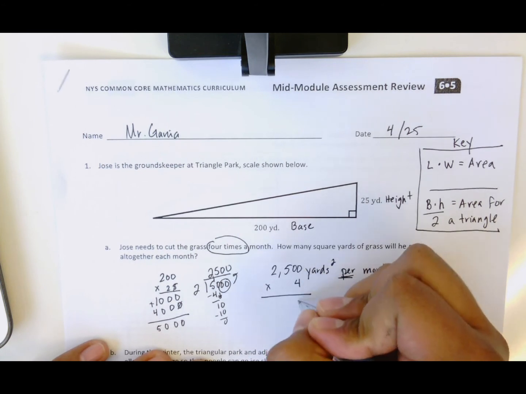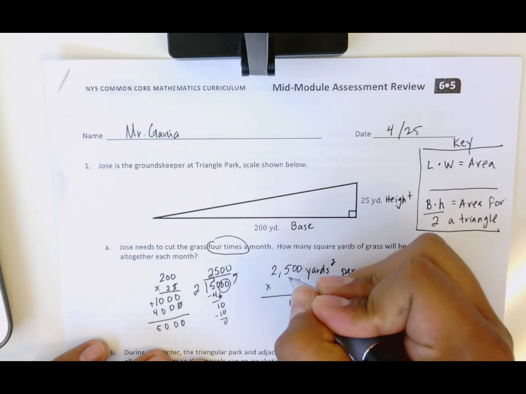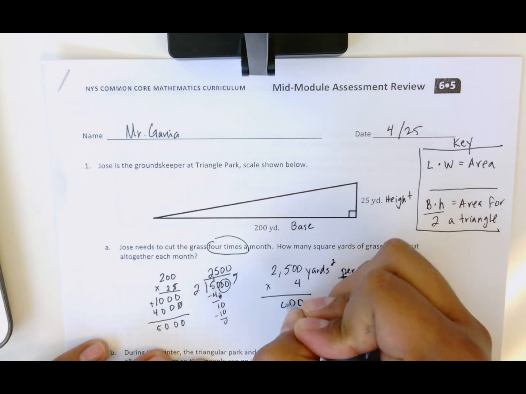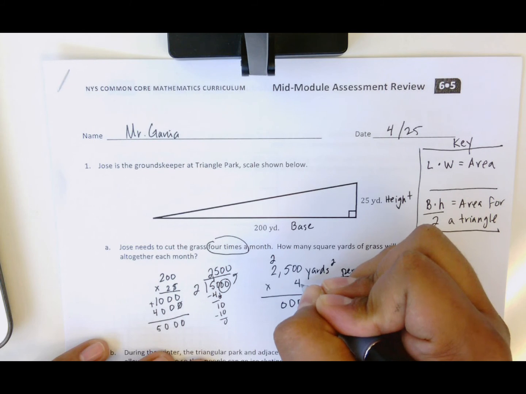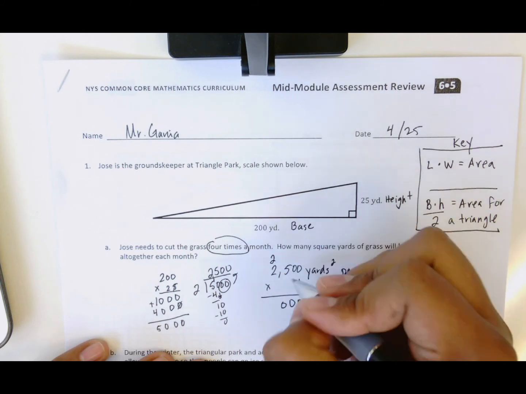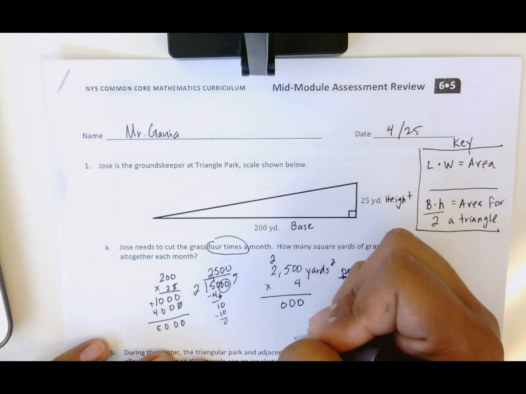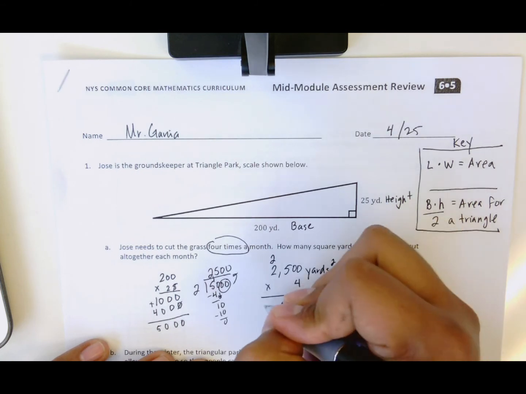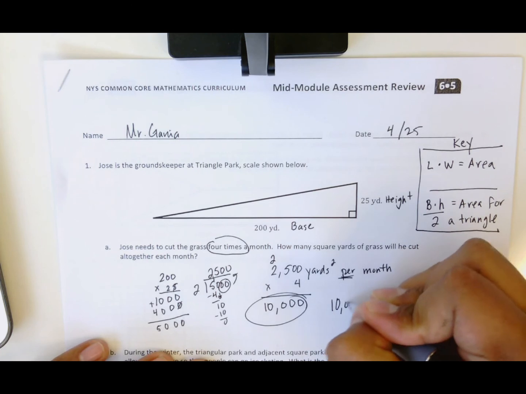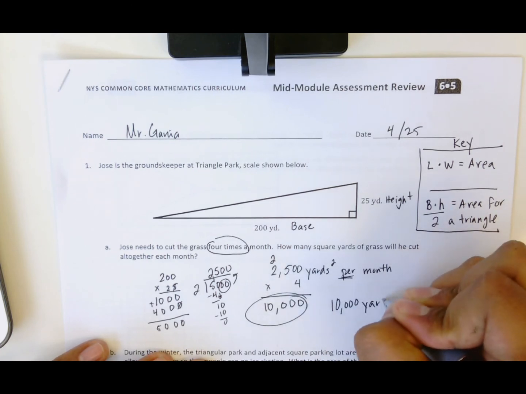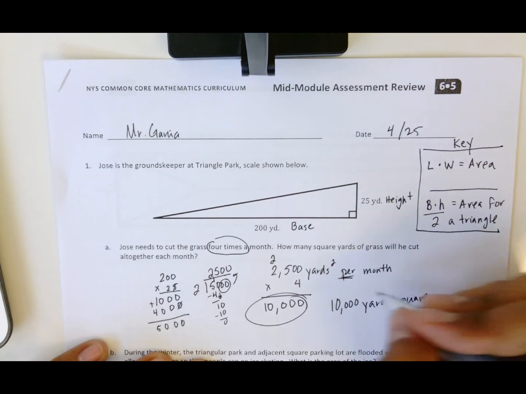4 times 0? All together, 4 times 0? 0. 4 times 5? Right, but it's 20. Carry the 2 over. 4 times 2 is? Times 2? 10? Oh yeah, you add. My bad. 10,000 yards square, or square yards.